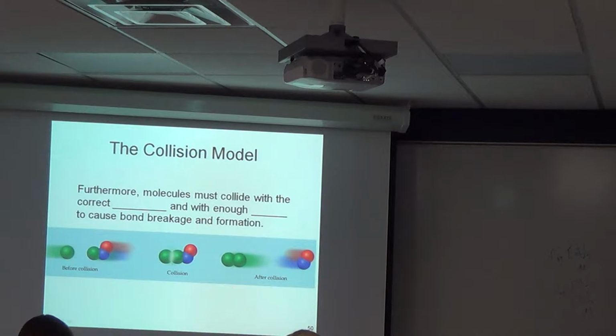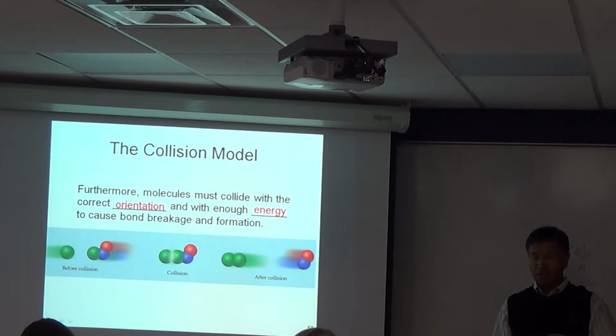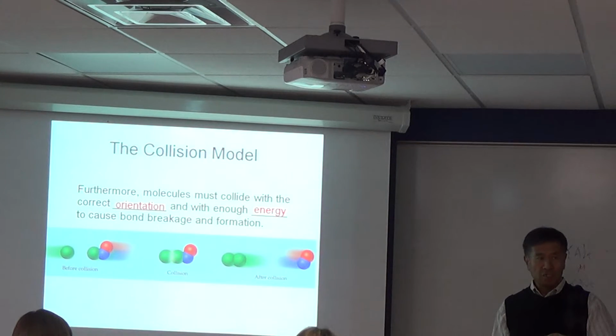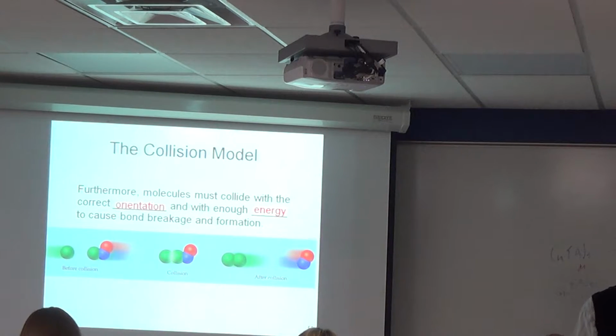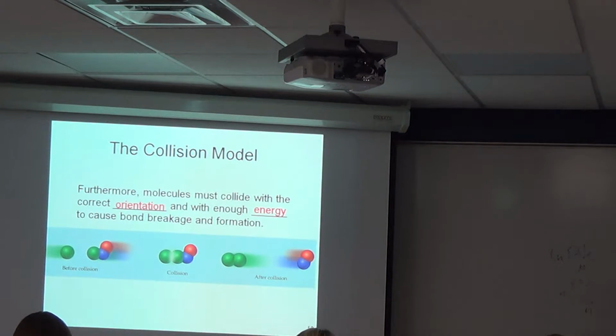And then when they collide, it does not lead to a chemical reaction. And see this example here, okay? The so-called orientation. The molecules have to have the right or correct orientation, and not only that, you have to have enough energy. So these are the two important variables we have to think about from this collision model for the reaction rate.